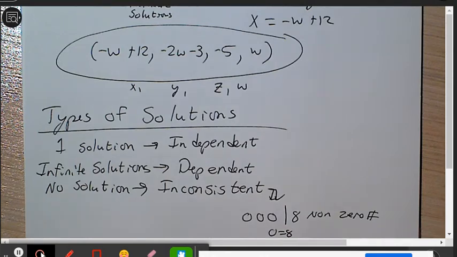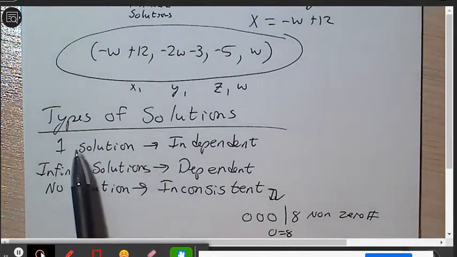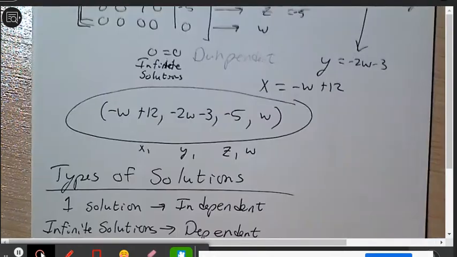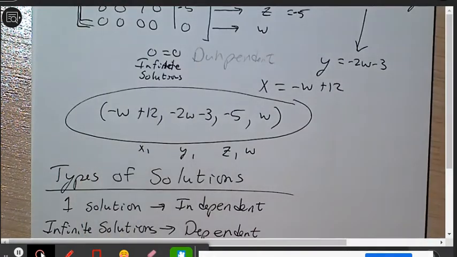So that's your three things you're looking at. You've got one where you have actual solutions, and you get one answer with a certain value for x, a certain value for y, and a certain value for z. That's independent. If you have a problem with infinite solutions, on the augmented matrix you'll have a 0 equals 0 statement somewhere on one of the rows. That's dependent.